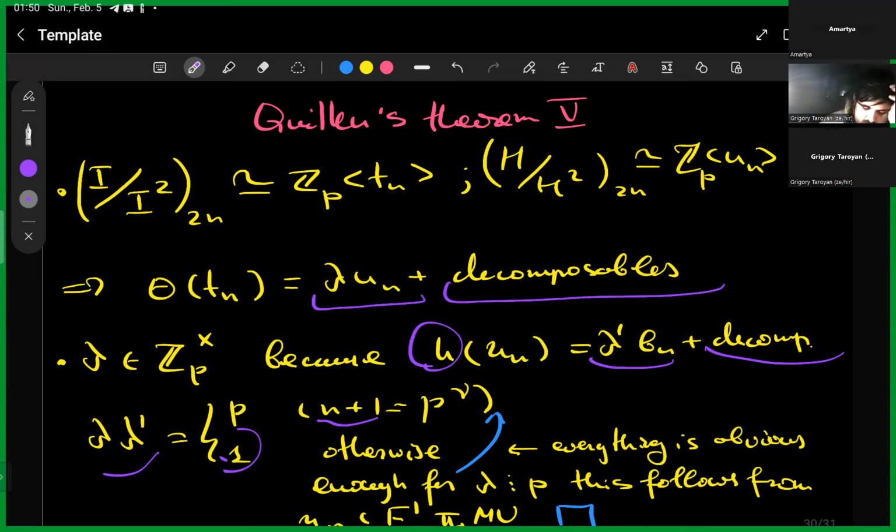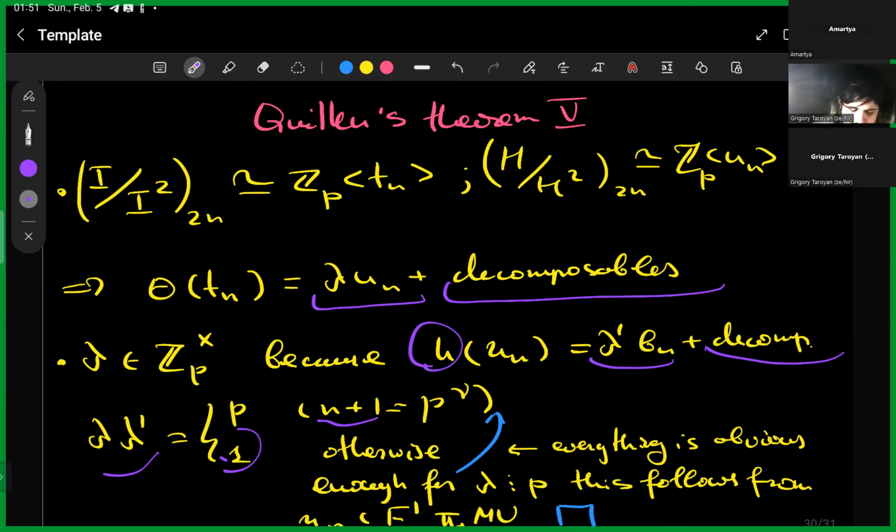And in the case of a special value of n, it is enough to show that lambda is divisible by p. Then we can divide both sides by p and see that it is also a p-adic unit.